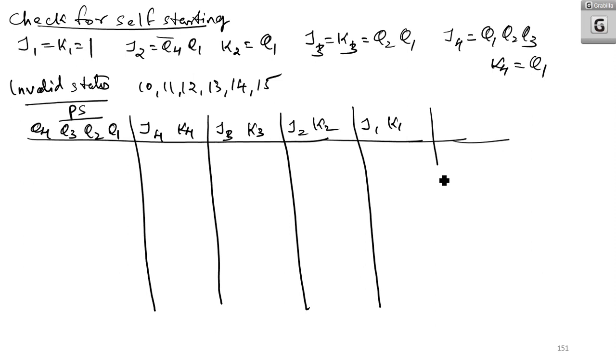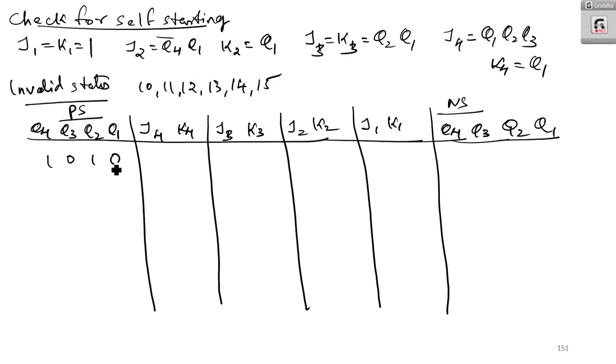After that it will go to the next state, from there you can determine the next state Q4, Q3, Q2, Q1. So 10 is 1 0 1 0, 11 is 1 0 1 1, 12 is 1 1 0 0, 13 is 1 1 0 1, 14 is 1 1 1 0, 15 is 1 1 1 1.